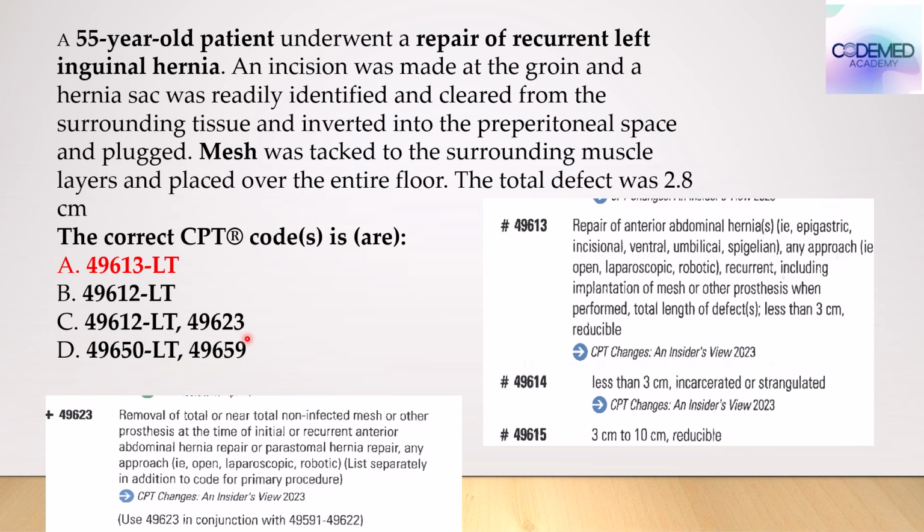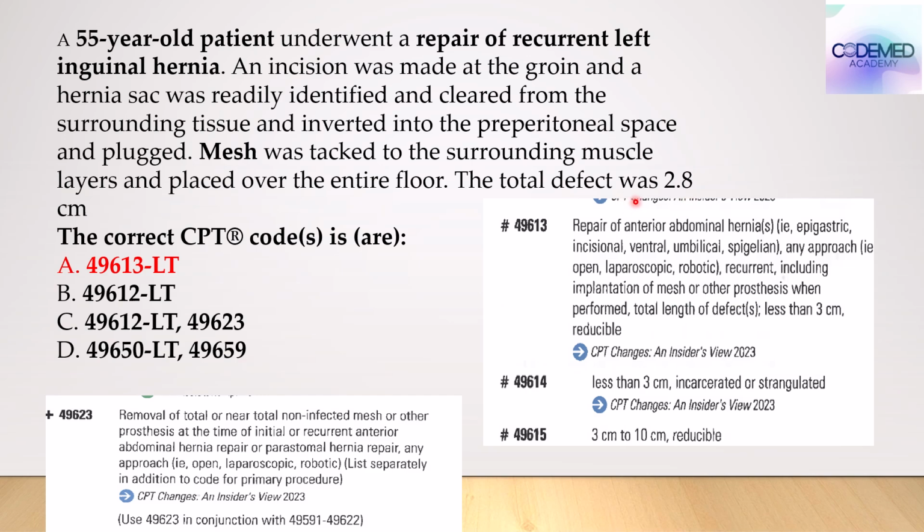So let us see what this case is. It is a 55-year-old patient who underwent repair of an initial left inguinal hernia. The incision was made at the groin, and a hernial sac was readily identified, cleared, and they have even put in the mesh, and the total defect was 2.8 centimeters.